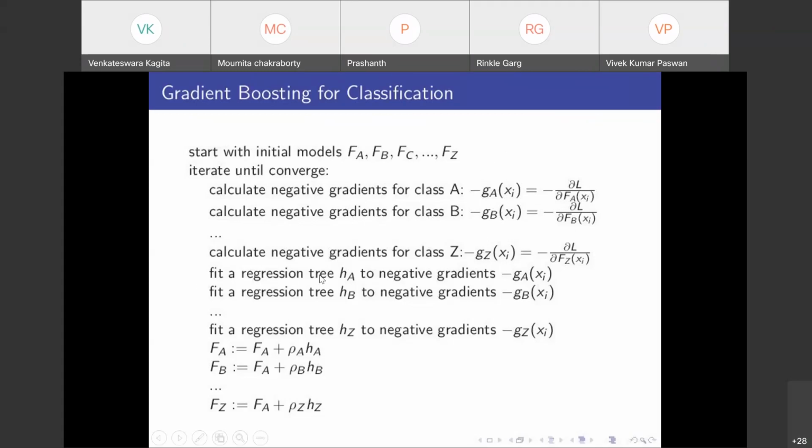So we fit a classification model to these negative gradients.